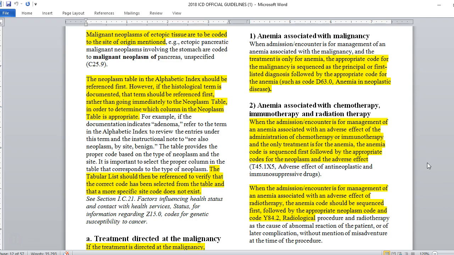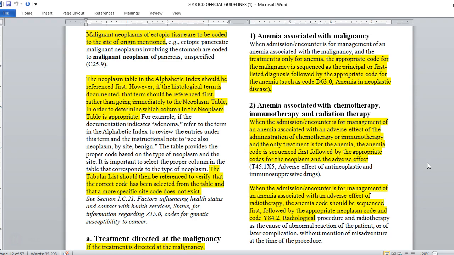So again, in this case, the anemia is being caused by the therapy. Okay, so because it's being caused by the therapy this time, the anemia goes first, then the cancer, and then what we call the adverse effects. What happened? The nausea, the vomiting, the dehydration, whatever came next. Okay, so that's what we want to keep in mind.